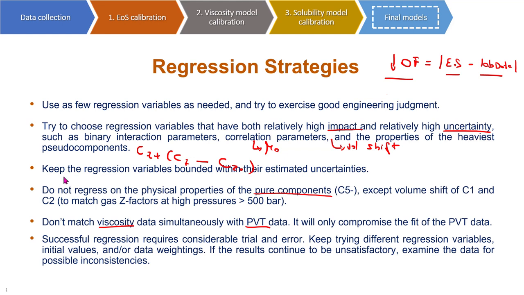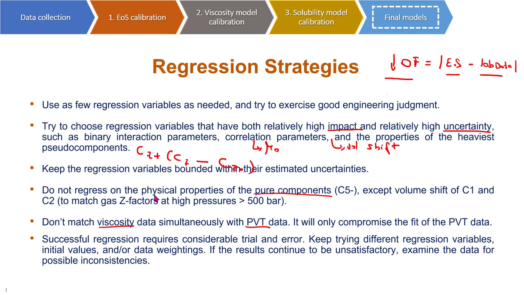Maybe today I will explore the variables' boundaries. So we need to take care about the range of the variables, and sometimes we can change the range in order to get good results in terms of matching. Another key clue: don't include pure components in your project.